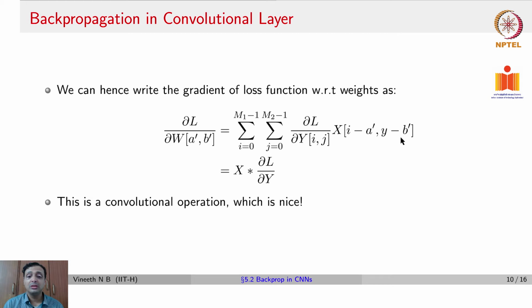This is now the convolution of X and ∂L/∂Y, which is beautiful. ∂L/∂Y, remember, is also going to have the dimensions of Y. That set of gradients will also look like an image because you have a gradient of the loss with respect to every pixel in Y. So that is going to form one matrix, and X is a matrix by itself. The convolution of X and ∂L/∂Y is ∂L/∂W at (a', b'). So you can compute this as a convolution in the backpropagation step.